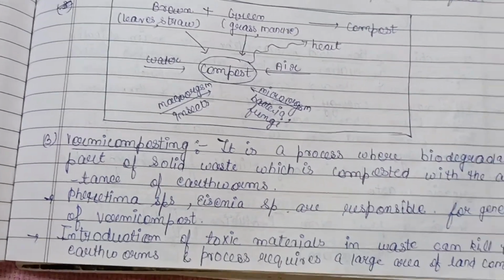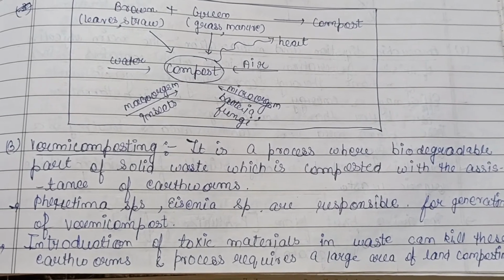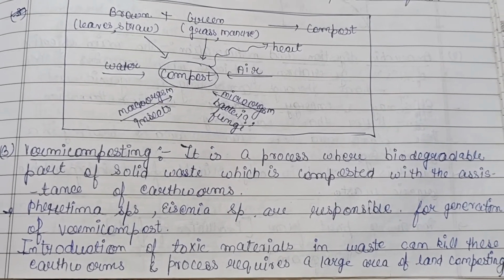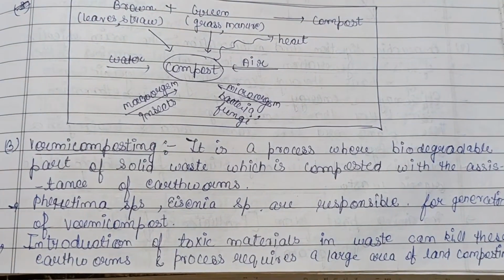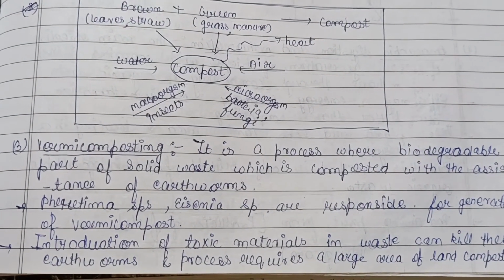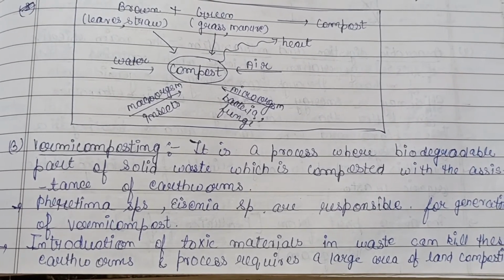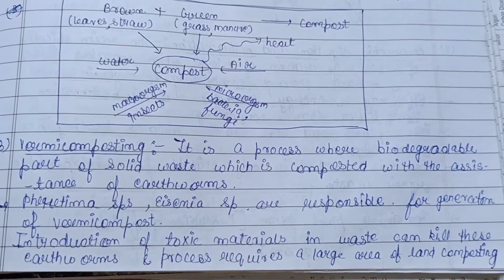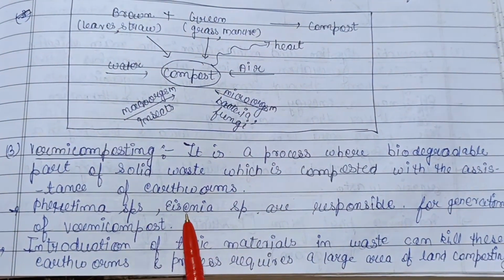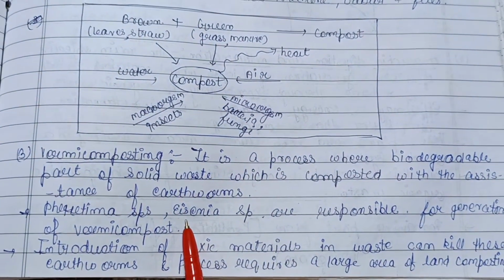Then vermicomposting. So it is a process where the biodegradable part of the solid waste is composted with the assistance of earthworms. Okay, so here use of earthworm is needed. Eisenia fetida or Eudrilus species of earthworms are responsible for the generation of vermicompost, as these two species are mainly, we can say, important for the vermicomposting process.